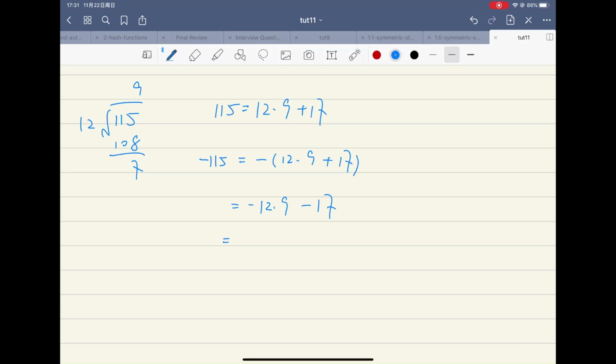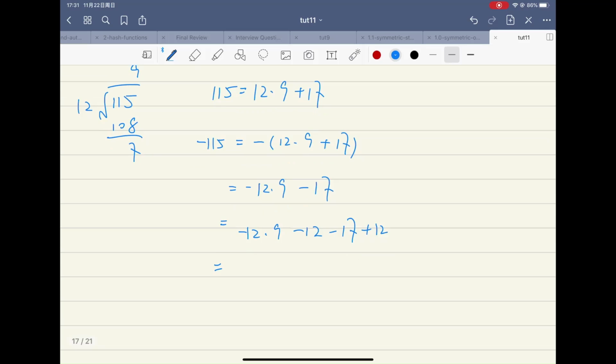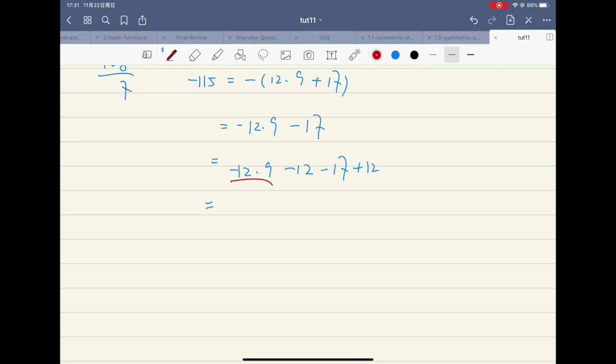And if we minus and plus 12, that will have no influence on this equation. So we have negative 12 times 9 minus 7 minus 12 plus 12, and we can combine these.